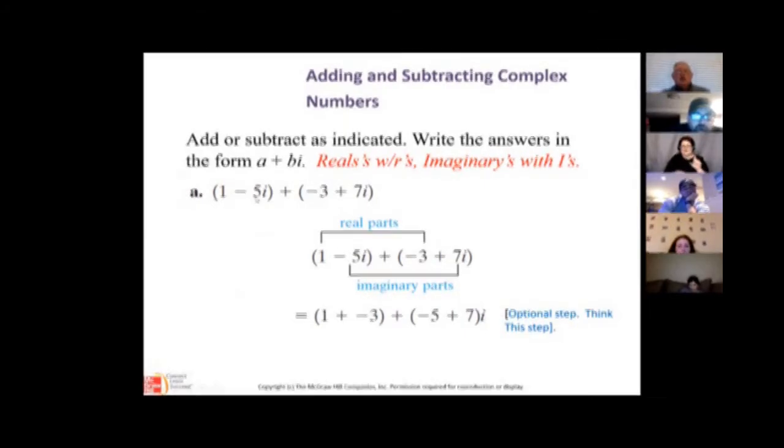And then we would also add the -5i and the +7i together. Now, I don't require you to show this step. This is just kind of what you're thinking. Ending up with -2 plus 2i would be your final answer on this one.